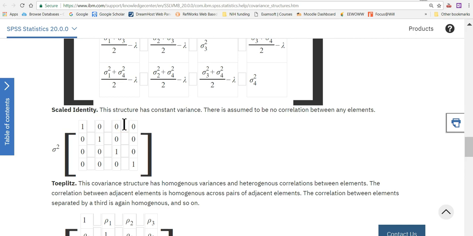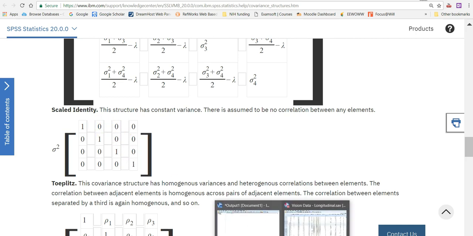In this particular model of covariance, we're saying that that correlation is 0. So this structure has constant variance. There is assumed to be no correlation between any of the elements. So it's all this sigma right here. It's all that squared, all that variance, and no relationship between them.